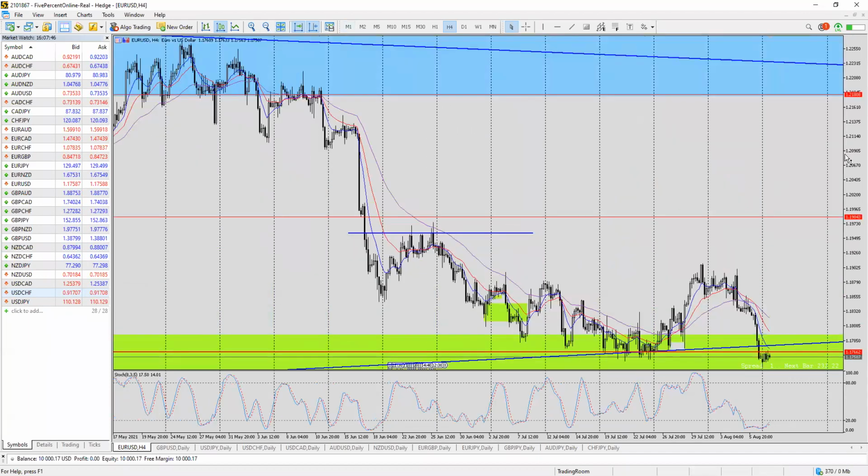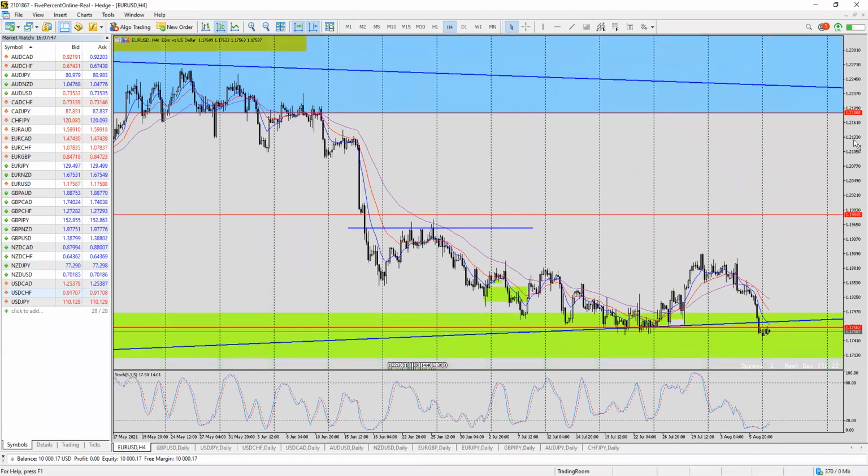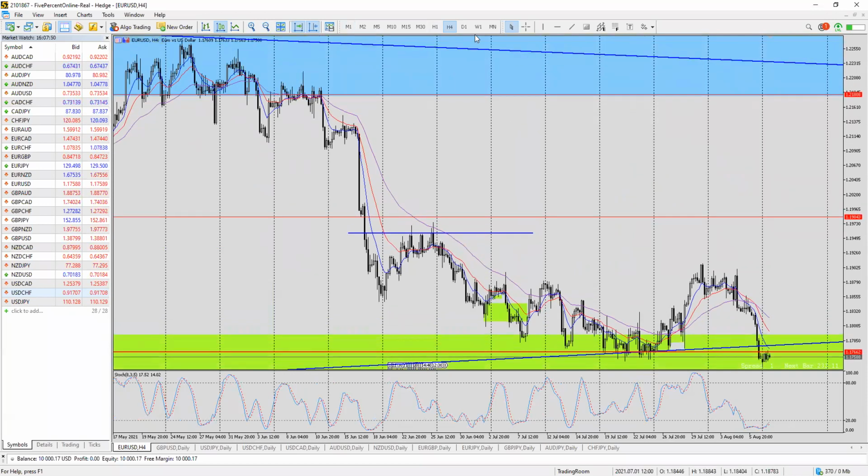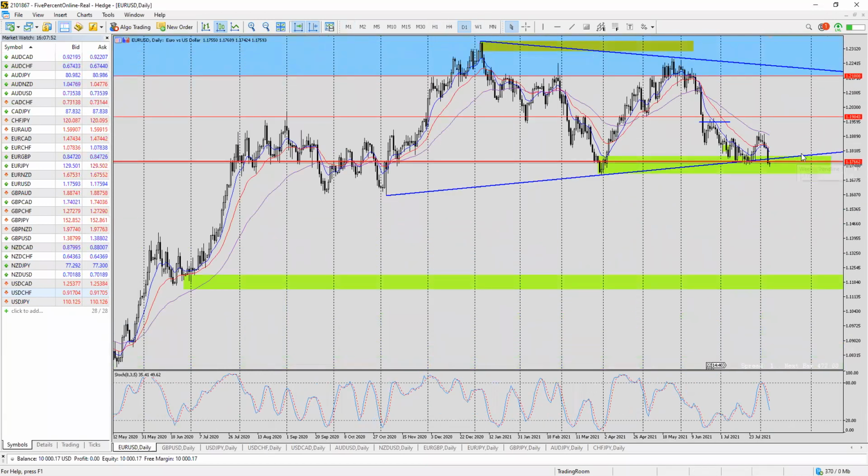So euro dollar, obviously the overall trend is still, well, sort of bearish to sideways. We need to see previous lows being broken and closed below in order to confirm a bearish trend.